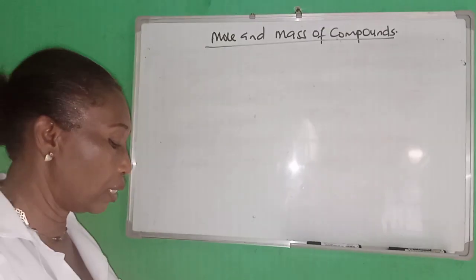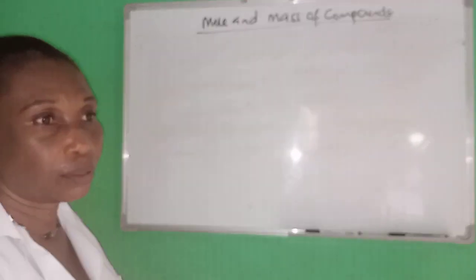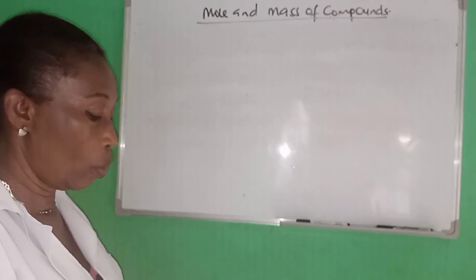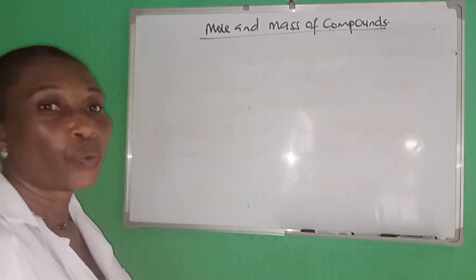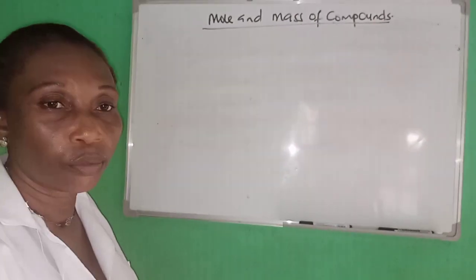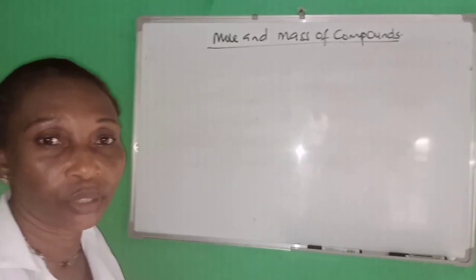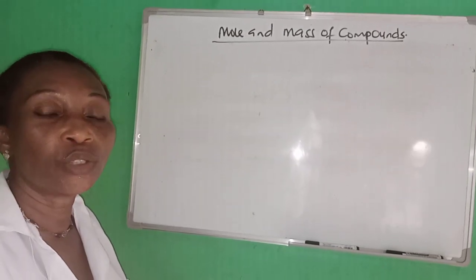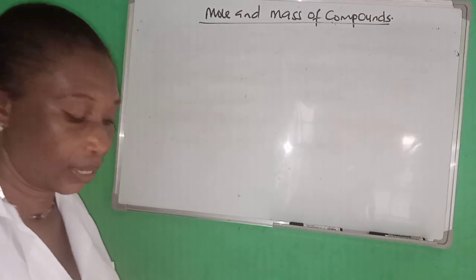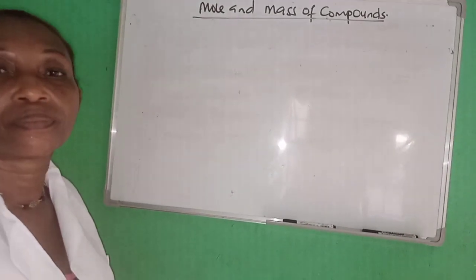Now when we talk about the molar mass, as we know, we are talking about the mass of one mole. So when we say the molar mass of a compound, we are referring to the mass of one mole of that compound in grams.